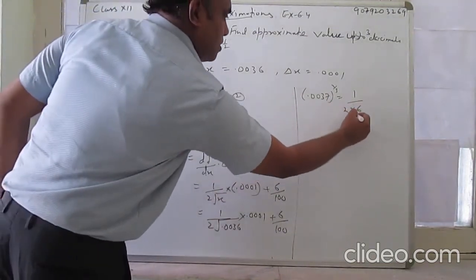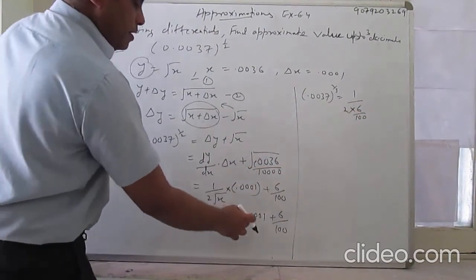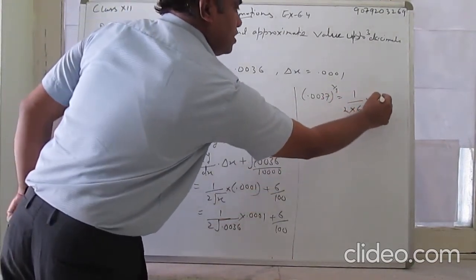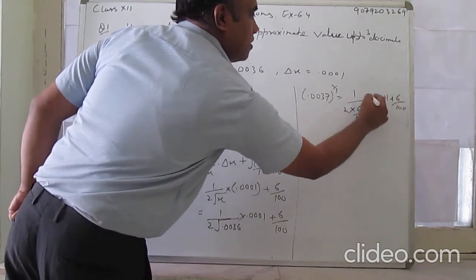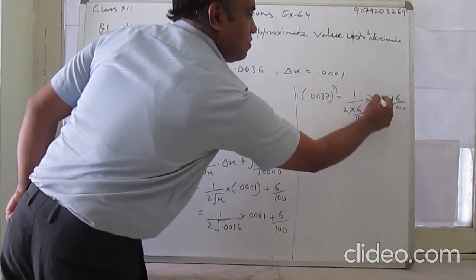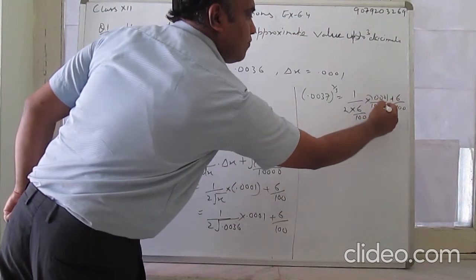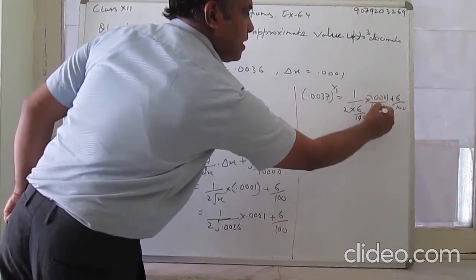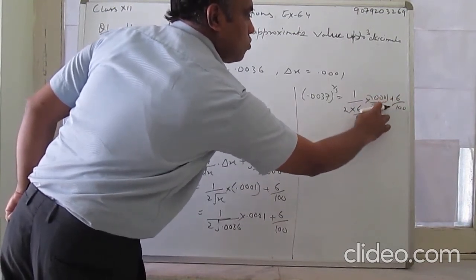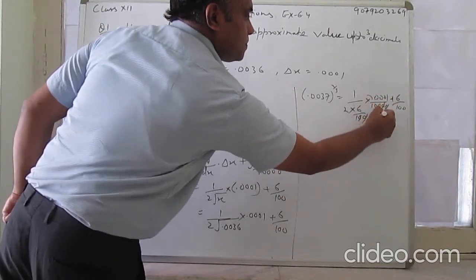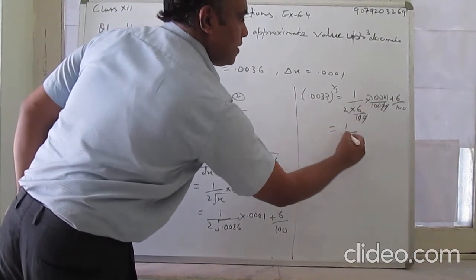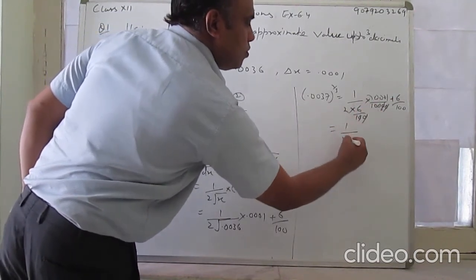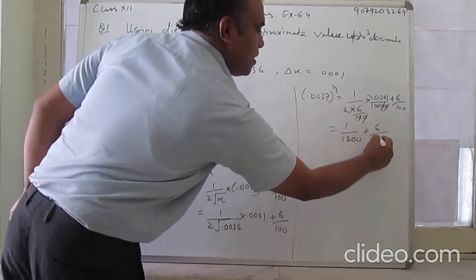It becomes 6 upon 100 into 0.001 plus 6 upon 100. The 4 zeros come down, 1, 2, 3, 4. So the 2 will cut. It becomes 1 upon 2, 6 twos are 12, so 1200, plus 6 upon 100.